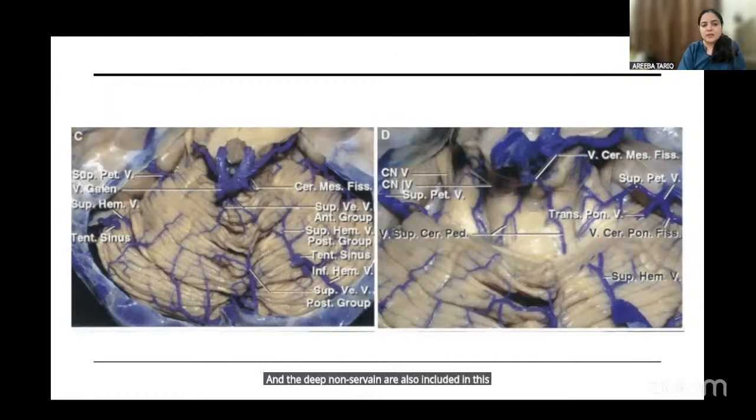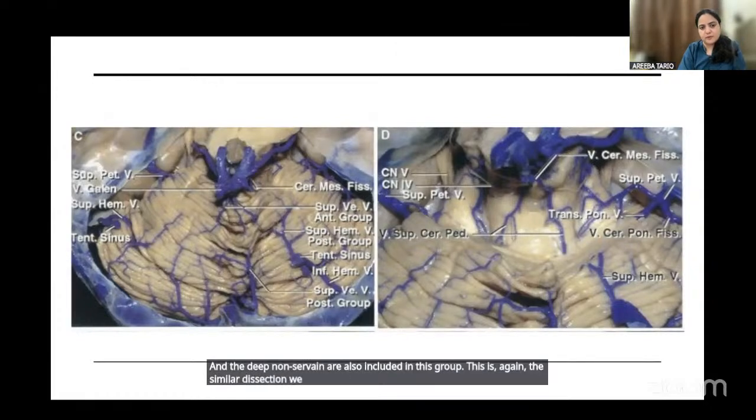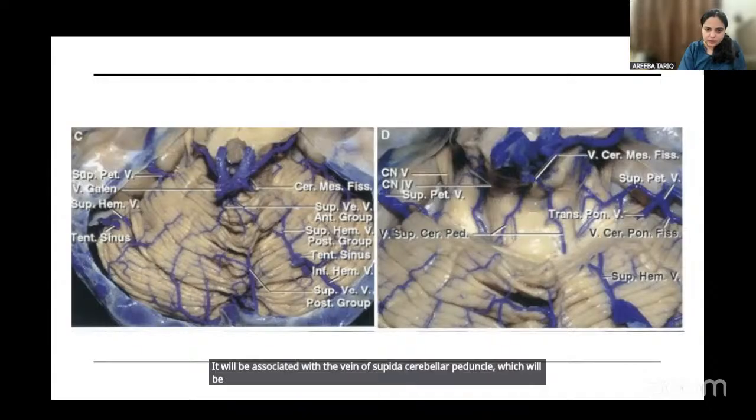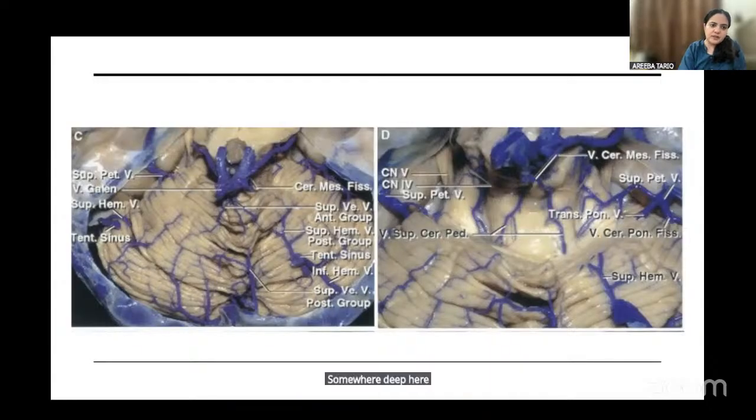This is again a similar dissection to what we saw a few minutes back, where at that time we were looking at the cortical veins, but we can also see the vein of the cerebellomesencephalic fissure here. It will be associated with the vein of the superior cerebellar peduncle, which will be present somewhere deep here. And as we can see, it is later going to drain into the superior petrosal vein.